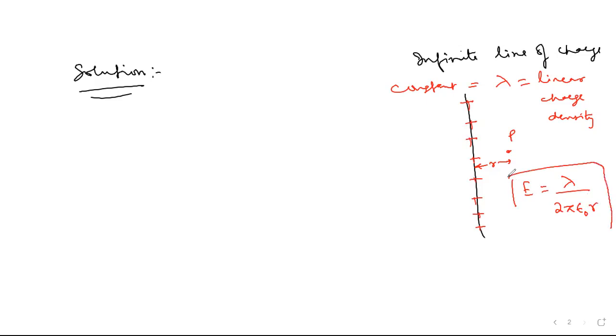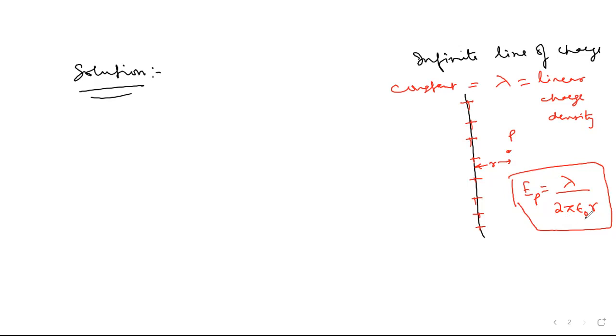I repeat, if I have an infinite line of charge with constant linear charge density lambda, and I take point P, r distance from the line, the electric field at point P, let me write it E_P, is lambda by 2 pi epsilon naught r. We're assuming that this line is placed in vacuum.